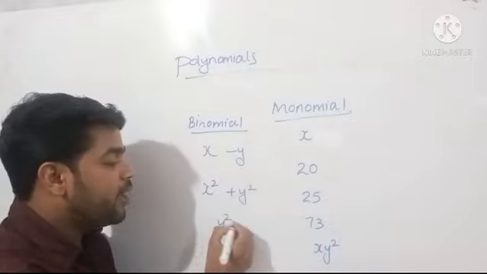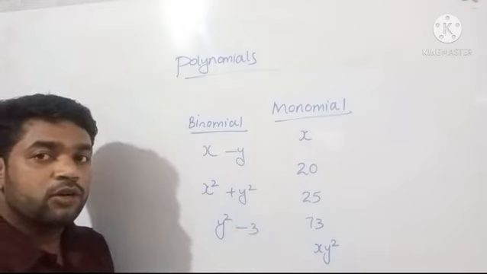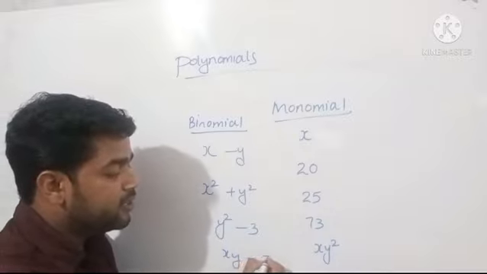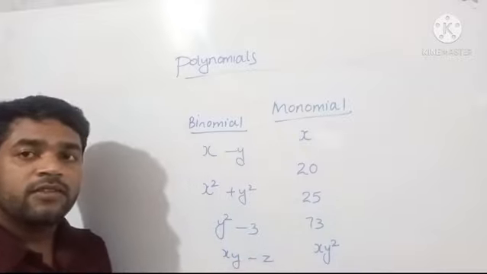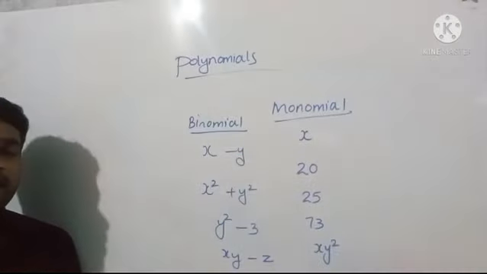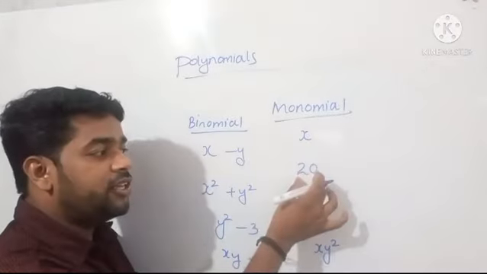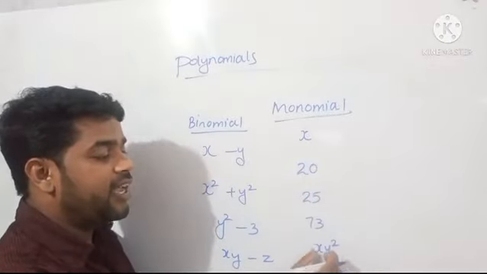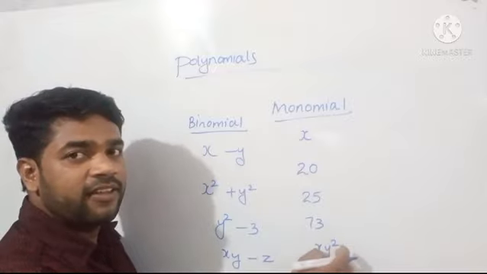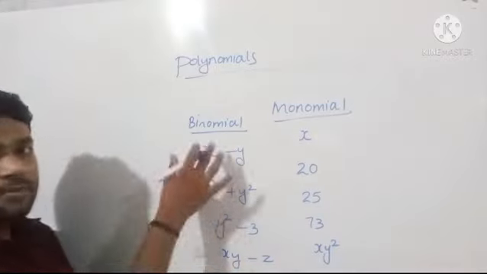Then y square minus 3 is a binomial because of two terms, and xy minus z is also a binomial. So an algebraic expression containing two terms we call a binomial. Here x, 20, 25, xy square, meaning x times y square, and xyz are all monomials, and these are binomials.